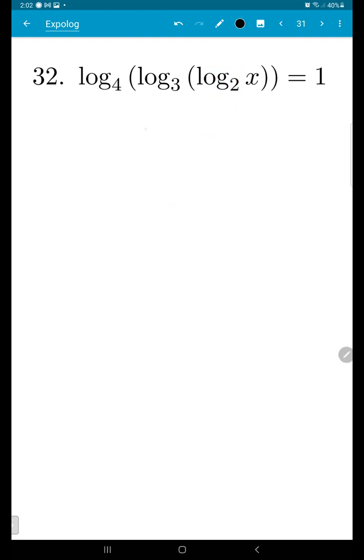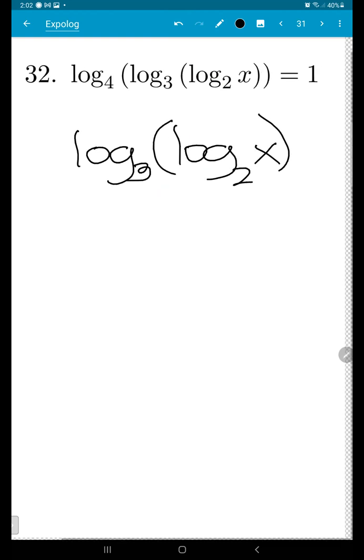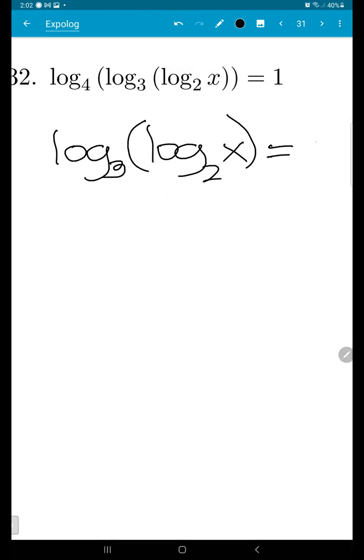Let me write that first: log base 3 of log base 2 of x equals 4 to the 1. Again, one more time, 4 to the 1 equals this. And 4 to the 1 is 4.